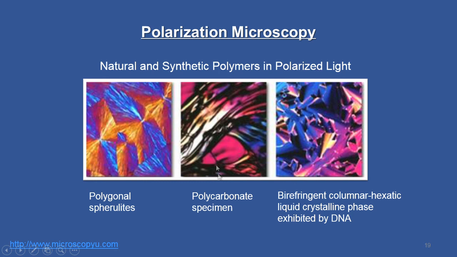This is a polycarbonate specimen, and this is a biological sample. The reason I brought this slide, similar to phase contrast from this website, is to appreciate the enhanced contrast you get as compared to bright field illumination.